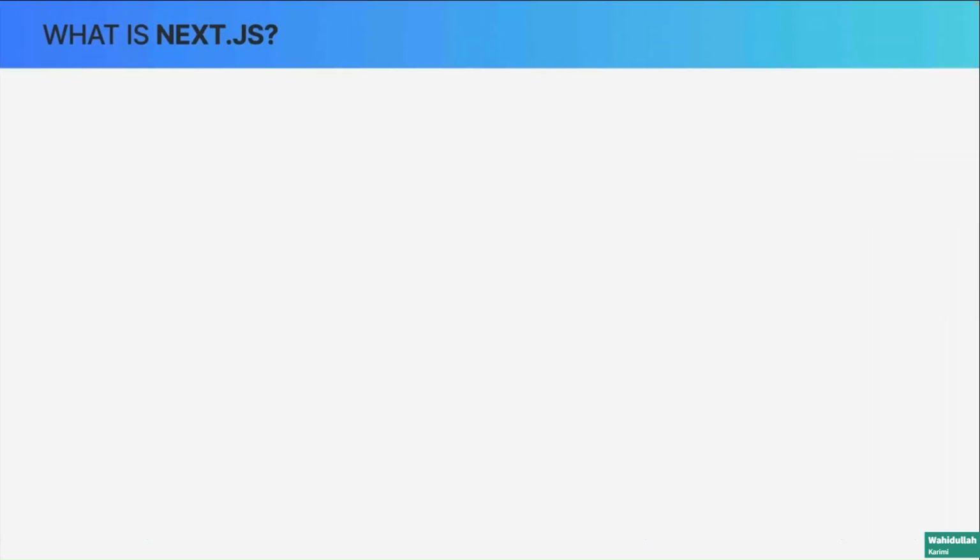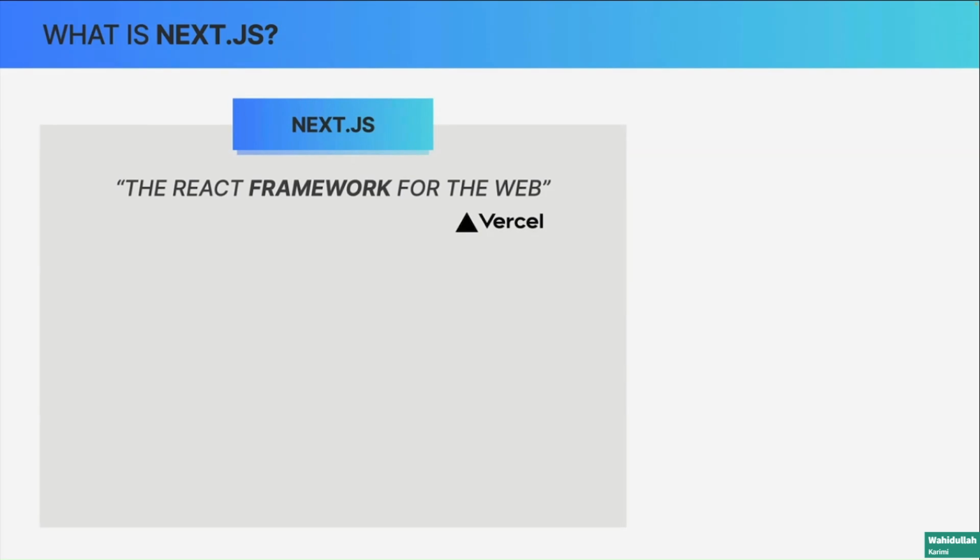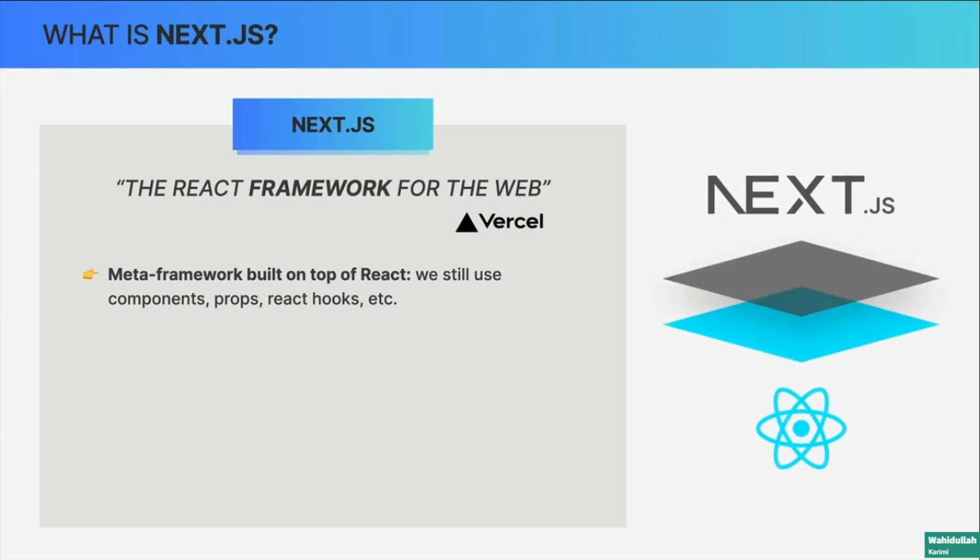So, according to Vercel, the company that's behind Next.js, Next.js is the React framework for the web. Now that's a pretty bold statement, and so let's unpack it just a little bit. First of all, we can say that Next.js is a meta framework built on top of React.